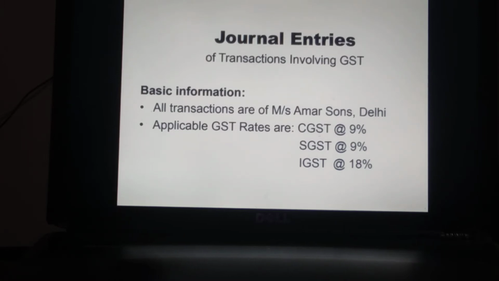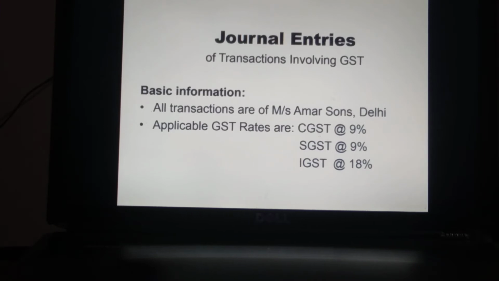And the purchaser of goods and services, or both, pays GST on purchase, and it is termed input GST. So at the time of purchase, we have to enter CGST, SGST and IGST as input GST, and at the time of sale we have to pass the entry named output CGST, SGST or IGST.